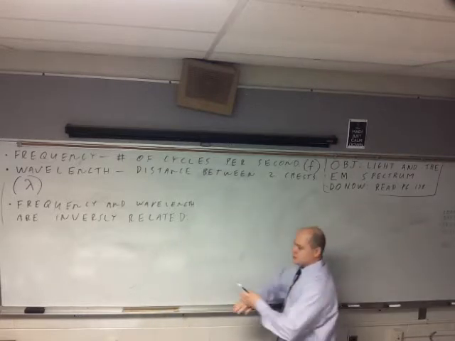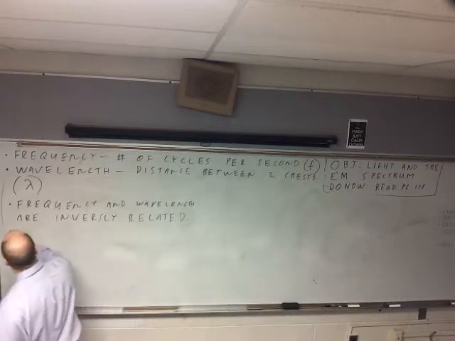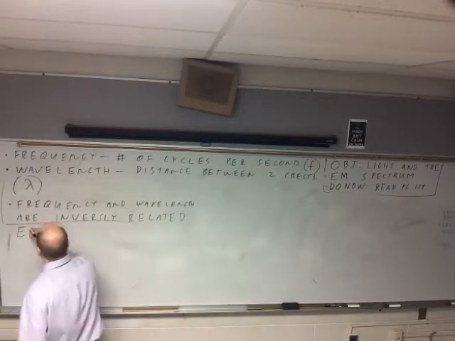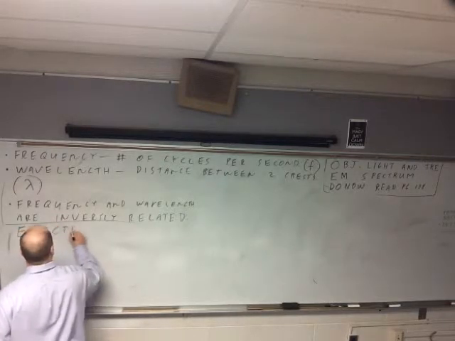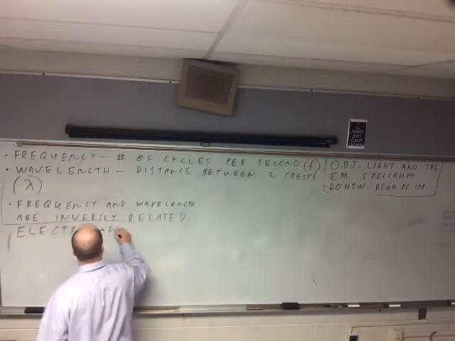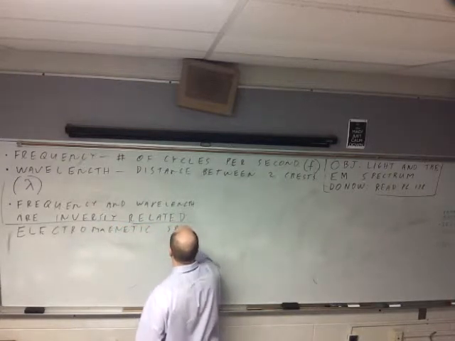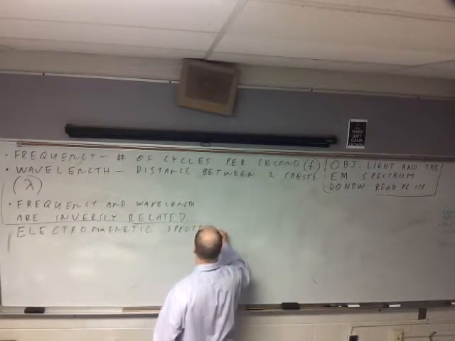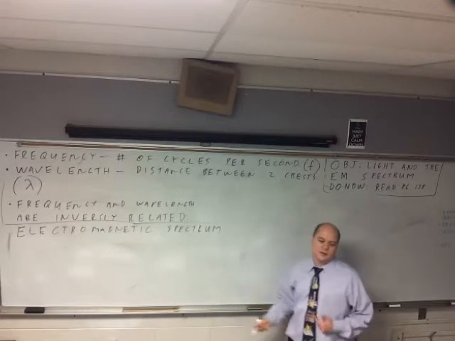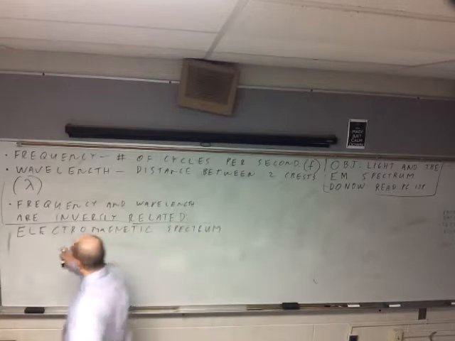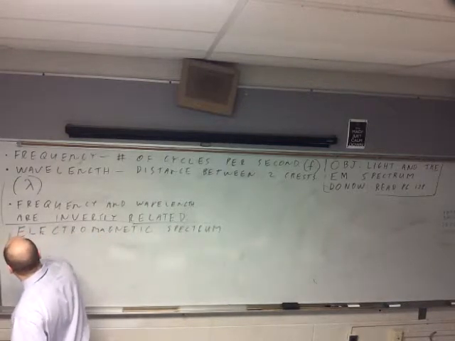And so this spectrum of wavelengths is called the electromagnetic spectrum. That's what I'll give you now. And this is just a way to divide up the various wavelengths so that you can kind of deal with them easier. And you can get an idea just by knowing where one falls in the spectrum.